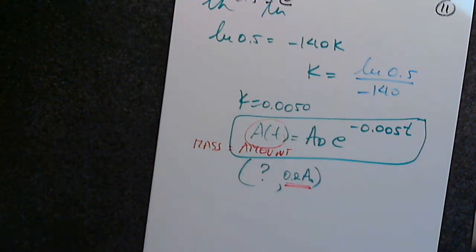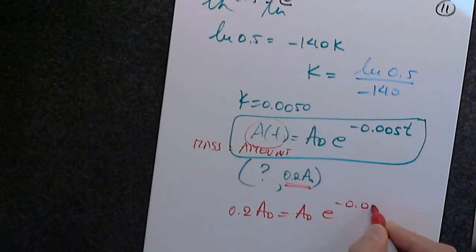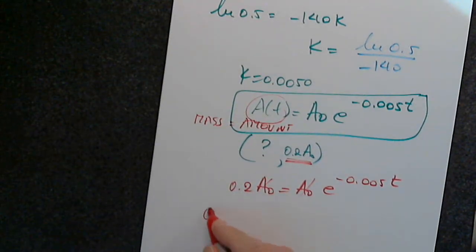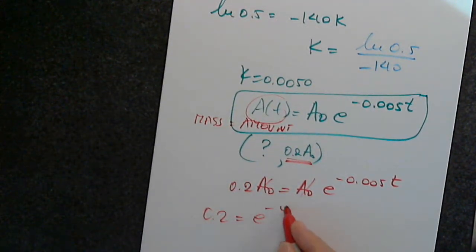We always plugged in the y coordinate, right? 0.2 A0 equals A0 e to negative 0.005 t. And I'm after t, which I don't have. Divided by A0. Yes, I have to divide. I have 0.2 equals e to negative 0.005 t. It's completely cleaned up. And now I apply log.